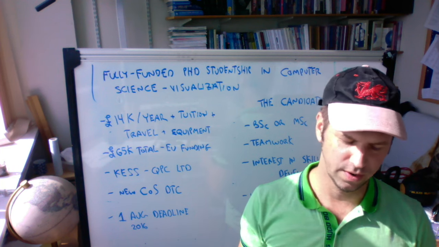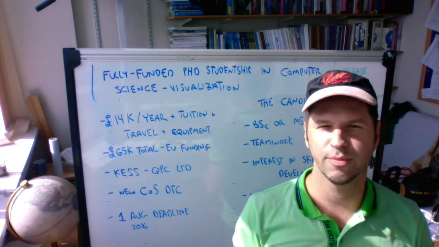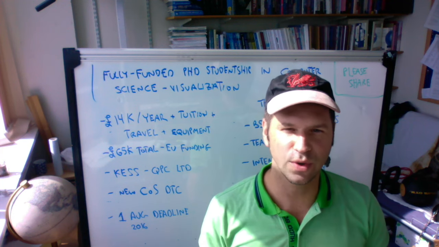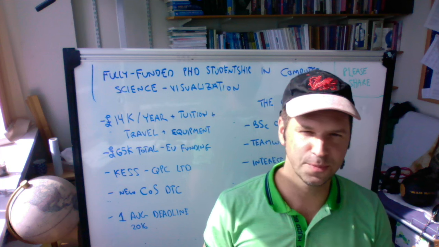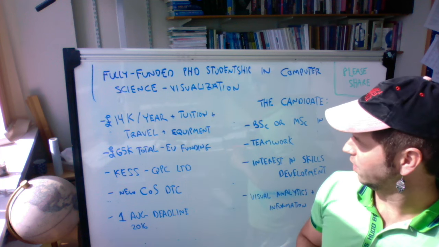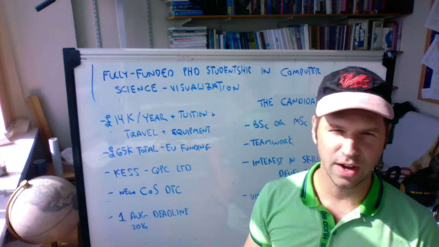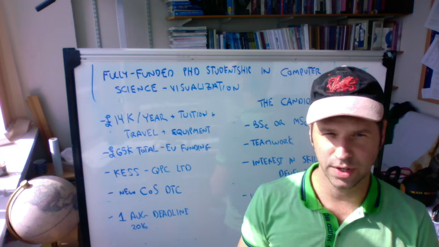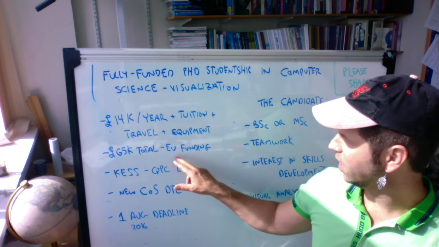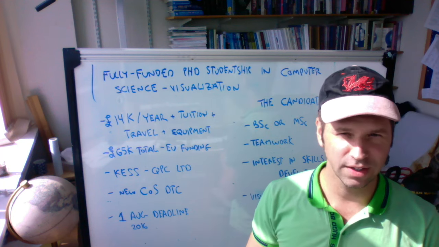So 20k is a very typical starting salary for somebody entering the workforce here in beautiful Wales. The total value is about 65k over the 3 years, and that is European Union funding.